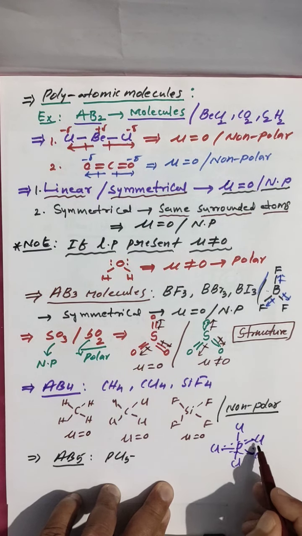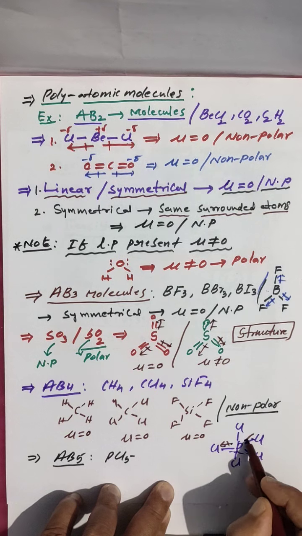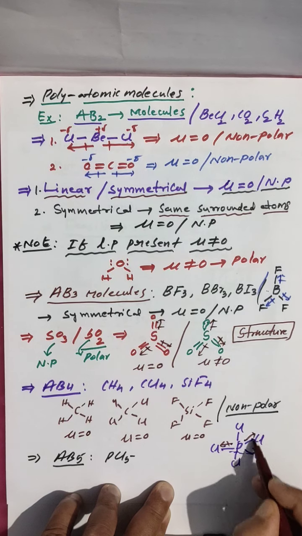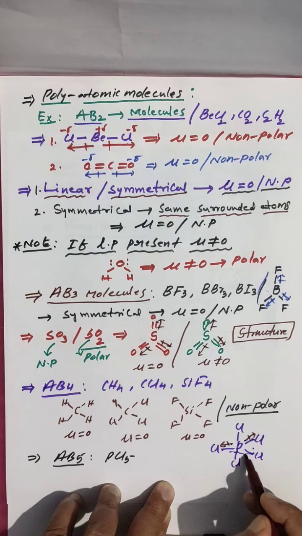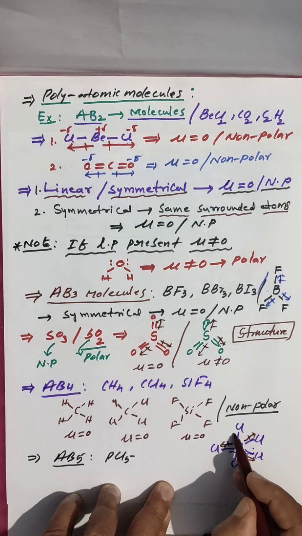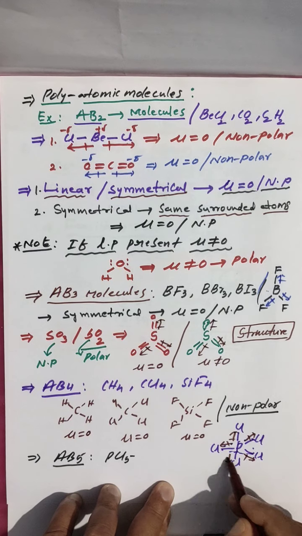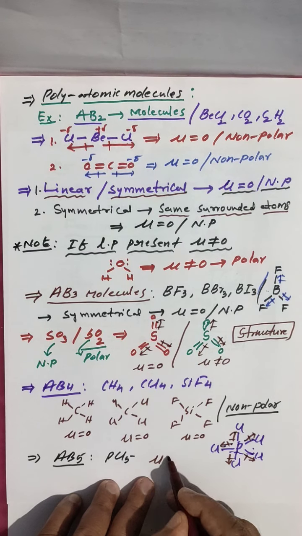This is one plane. So the net dipole moment works this side and this side, from less electronegative to more electronegative, and these all cancel out. And here net dipole moment this side, and here net dipole moment this side. All are cancelling out.